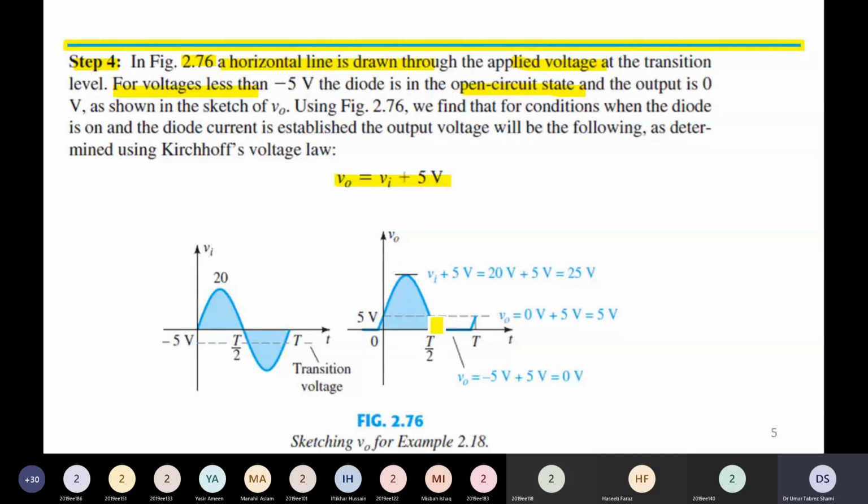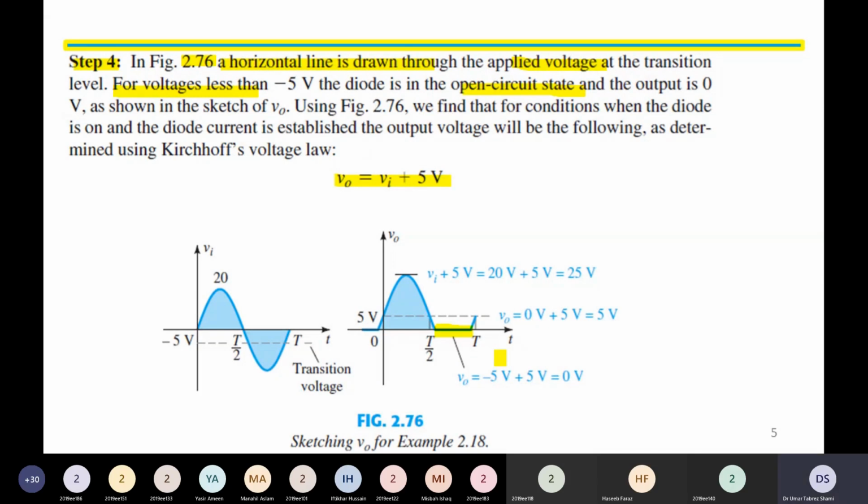And the clipping action can be observed from the time where the input voltage exceeds minus 5 volts. And this is observed during the time where the output voltage is 0. This is the place where the input voltage has been clipped away. It has been removed from the output voltage.